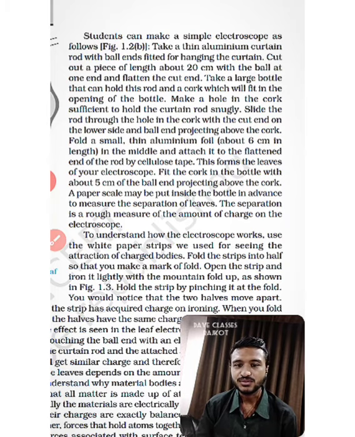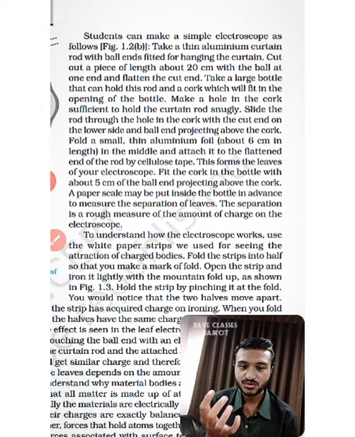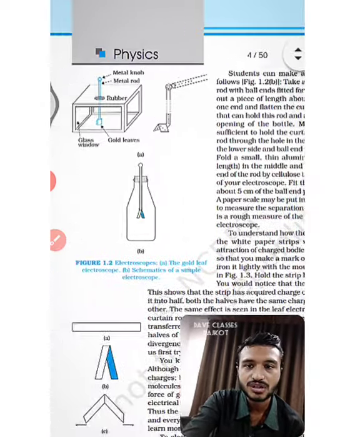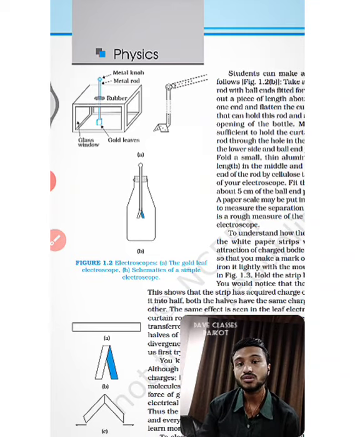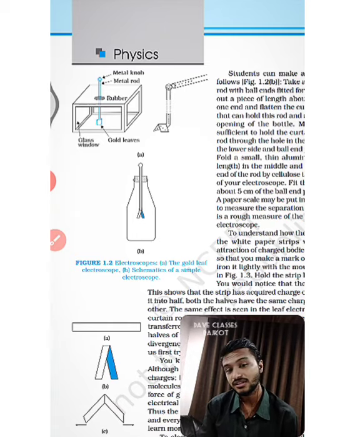Everybody must have the doubt whether the electroscope will work everywhere. Yes, it can work everywhere. The metal knob should also have a very high level of conductivity. What is conductivity? That we will study in the next session.